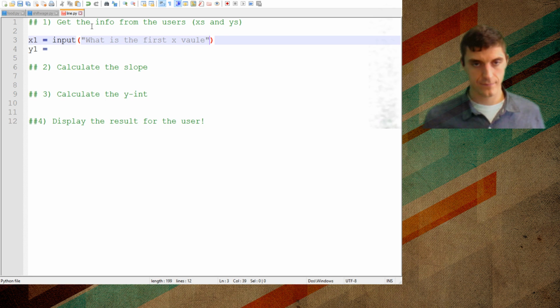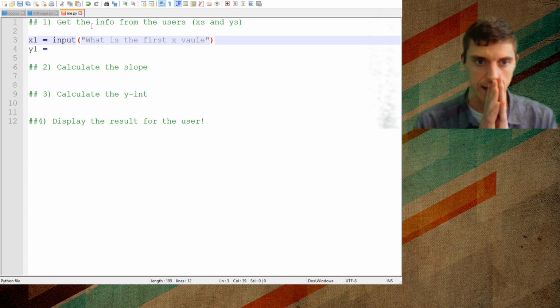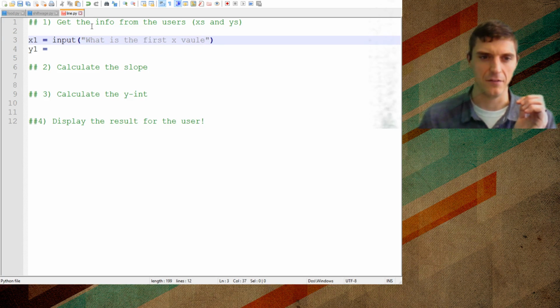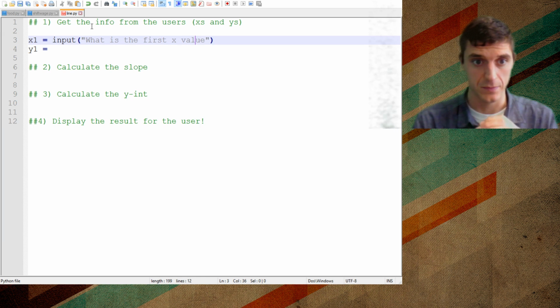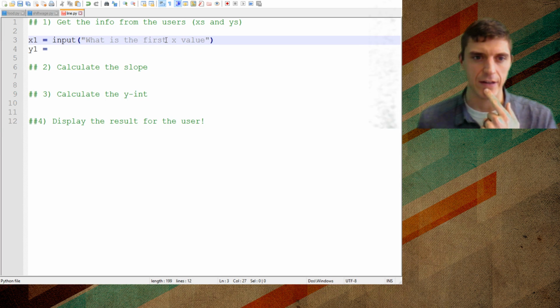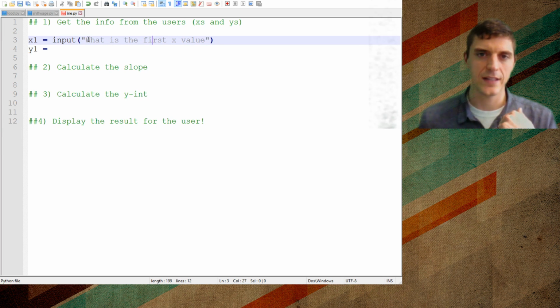By now you should be screaming into your headphones, because you should see I made a mistake beyond just misspelling value. If I say input and 9 is my first X value, this is going to have a major issue. The major issue is we want it to behave like a number, and the computer won't know that, right?